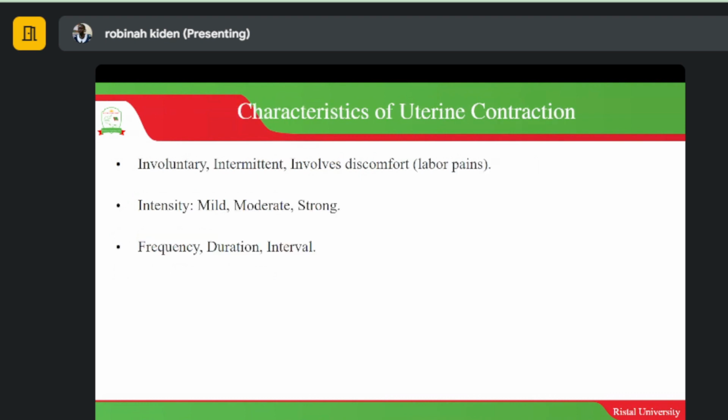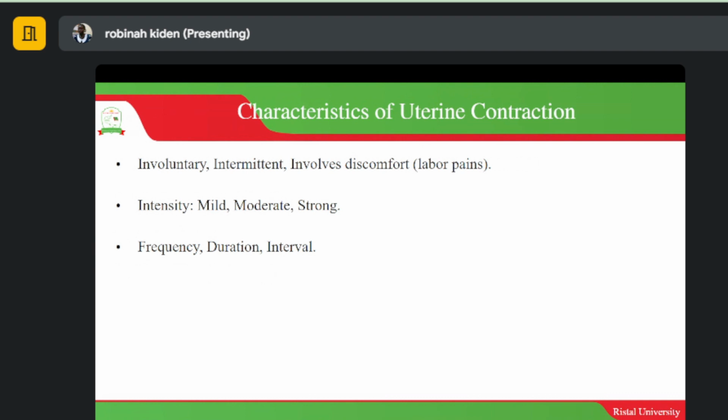Characteristics of uterine contraction, we have involuntary, intermittent, which involves discomfort. So of course the mother will feel pain, and this pain normally starts involuntarily. It is not stimulated unless in rare conditions where it can be stimulated, and it is intermittent.